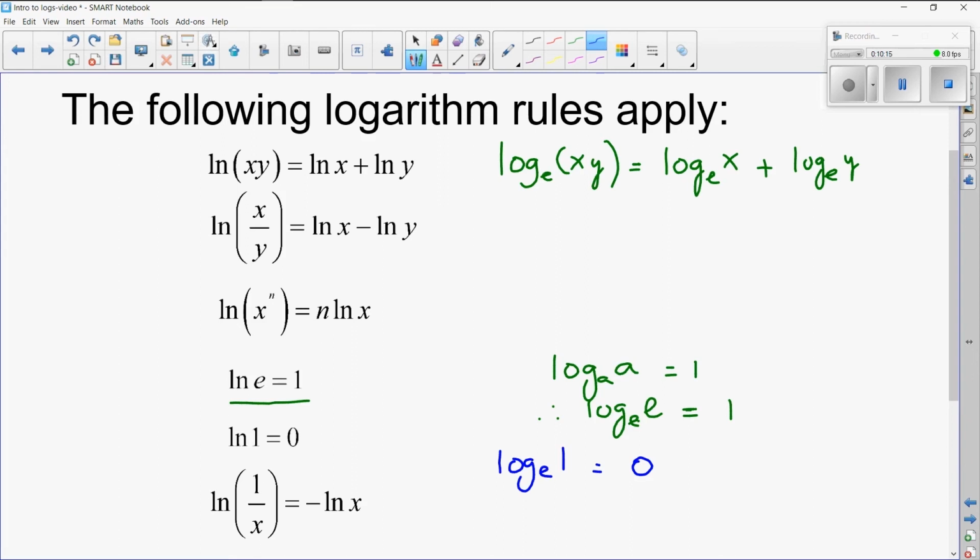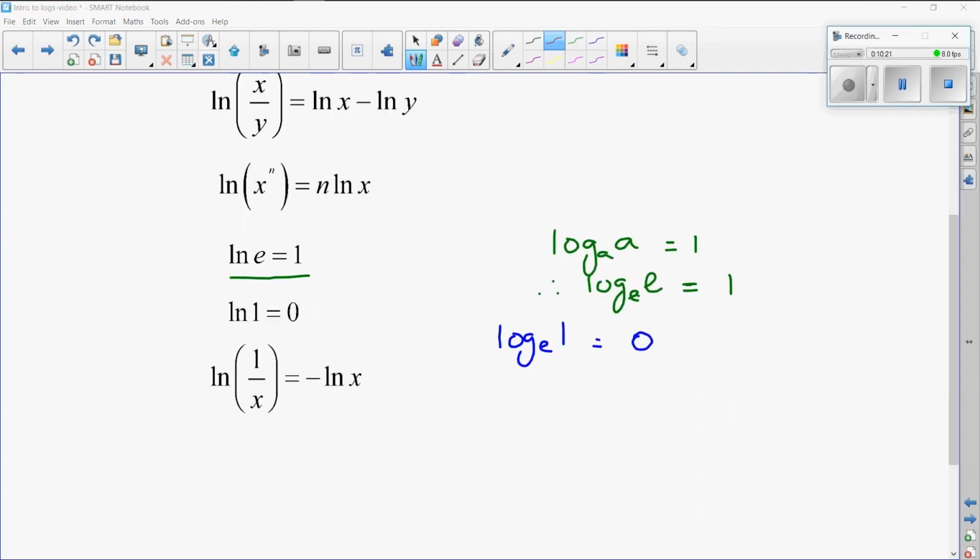Also, we see that the ln of 1 over x equals minus ln of x. So if I take the left-hand side, the log to base e of 1 over x, now 1 over x can be written as x to the negative 1.